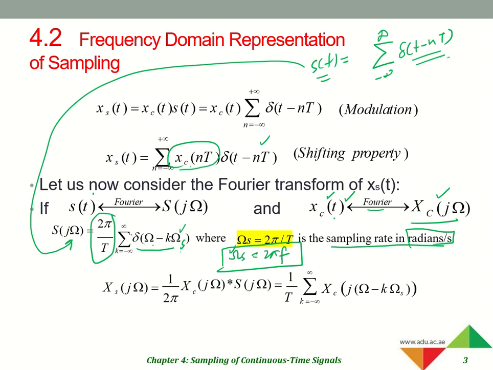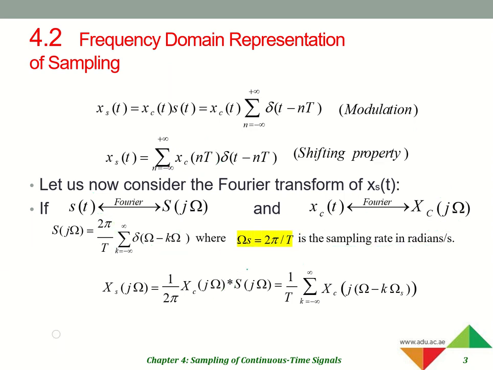So if two signals are multiplied in the time domain, like when we multiply the continuous time signal with the impulse train, then if we take their Fourier transforms, they will be convolved in the frequency domain. The Fourier transform of the continuous time signal will be convolved with the Fourier transform of the impulse train.